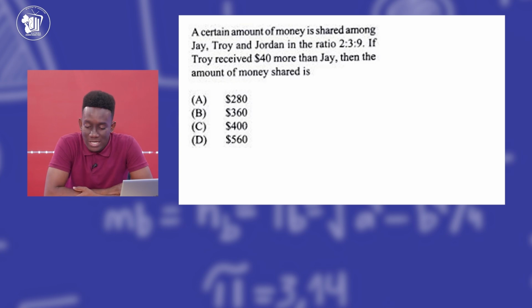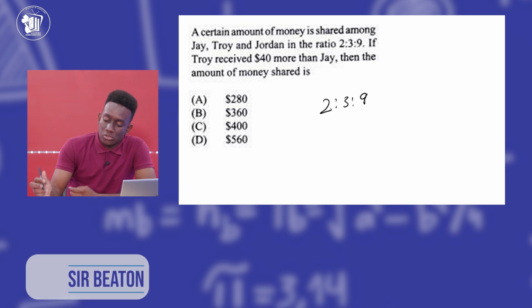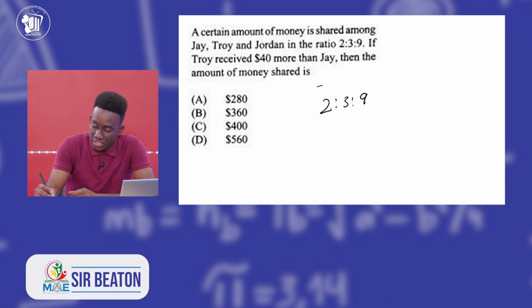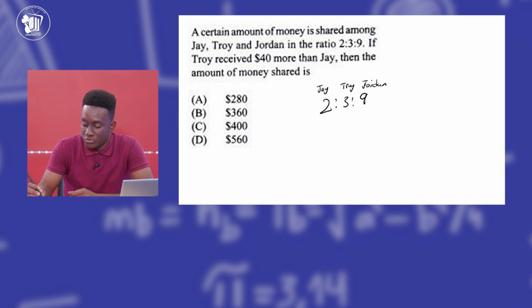So this one says, a certain amount of money is shared among Jay, Troy, and Jordan in the ratio 2 to 3 to 9. If Troy received $40 more than Jay, then the amount of money shared is. So we have Jay, Troy, and Jordan, and the ratio that the money is shared among them is 2 to 3 to 9.